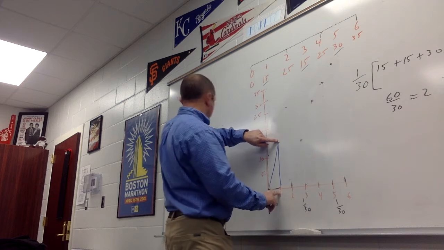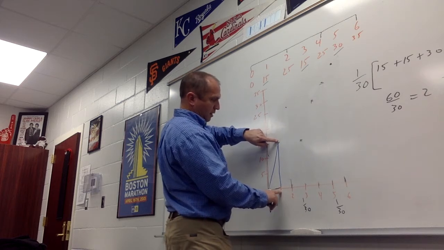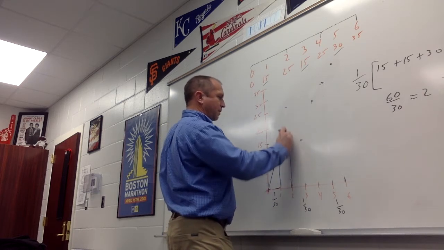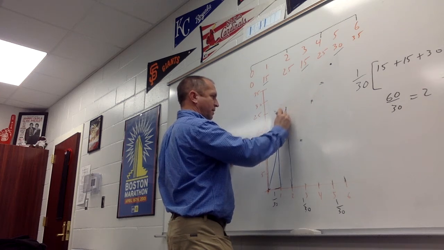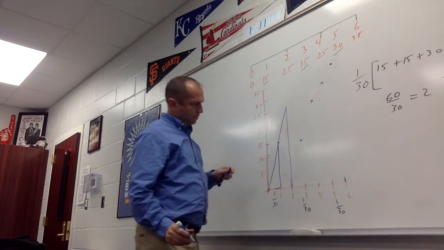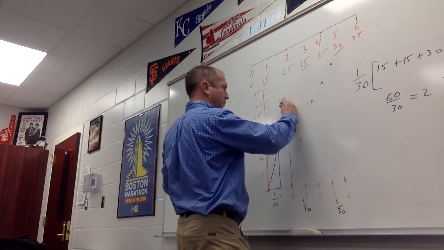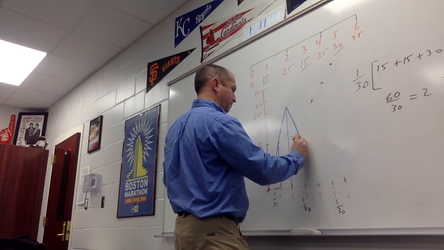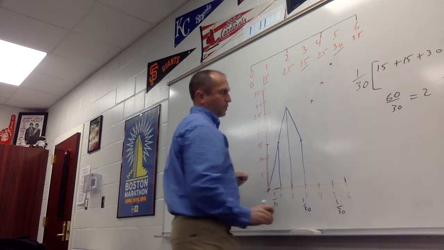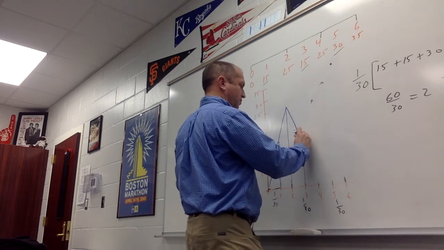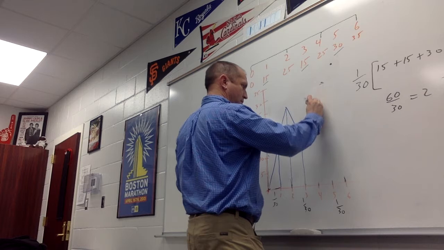All right, the second one here, I've got this, and here's my other parallel side. So my base between the two is this. My third trapezoid comes to here, so that's my third trapezoid. My fourth trapezoid is here.